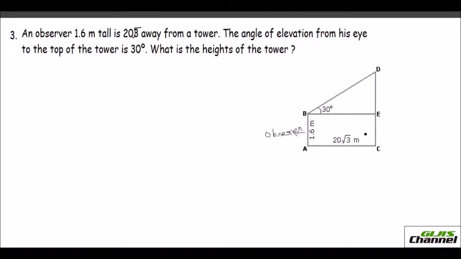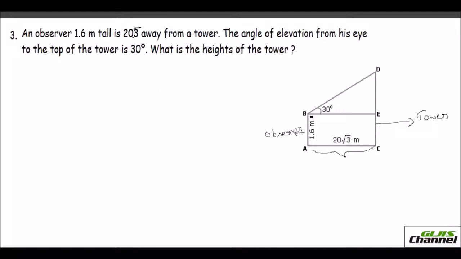An observer 1.6 meter tall is 20 root 3 meters away from a tower. So this is the tower and he is 20 root 3 meters away. I have mentioned this. The angle of elevation from his eye to the top of the tower.